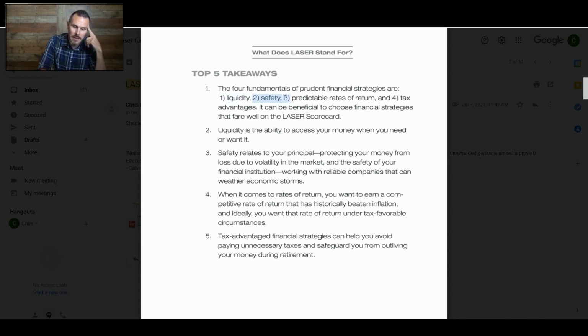So safety, I would agree, safety is super important, but once again, these are not the most safe vehicles. That upside potential, downside protection, if it were that good, I talk about cash value lines of credit. There are banks that go out and lend money to whole life policyholders, leveraging their cash value for lines of credit and saying, hey, we're going to use your cash value in your whole life policy as collateral, and we're going to give you a line of credit tied to that.